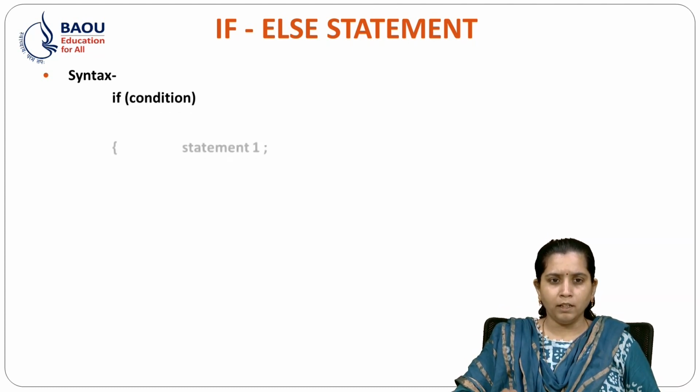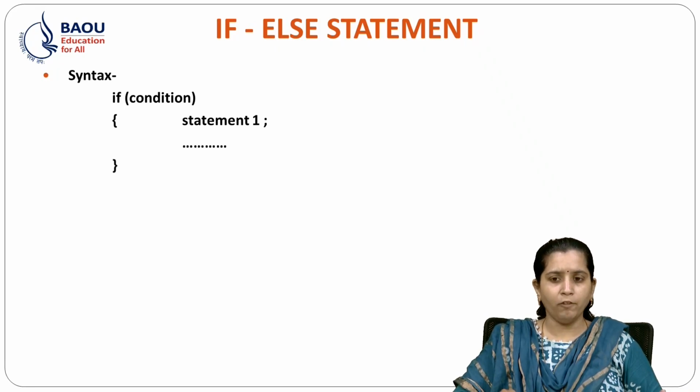Now let's see syntax of if-else statement. First, condition will be checked, and if it is true, then the statements inside the if block will be executed. And if the statement is false, then it will go in the else block.